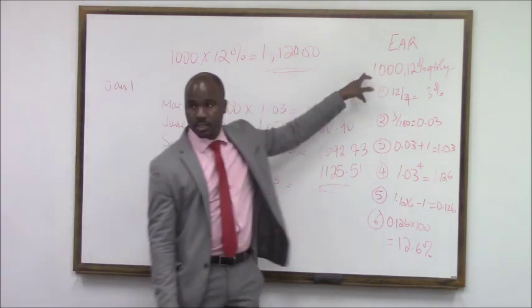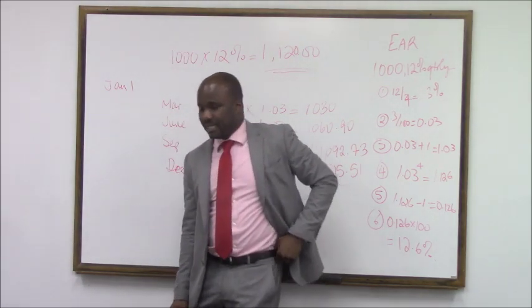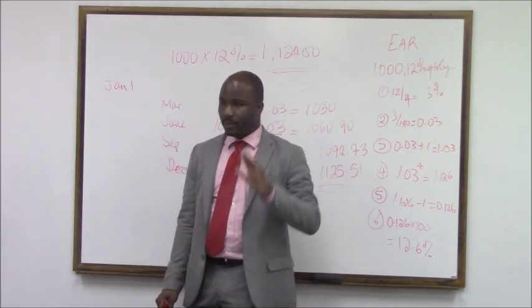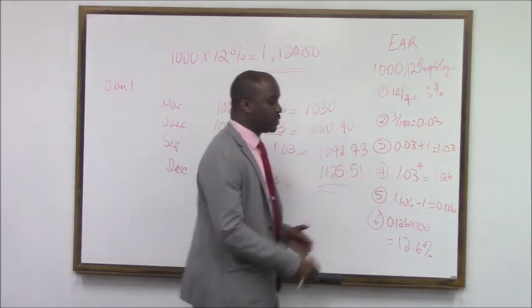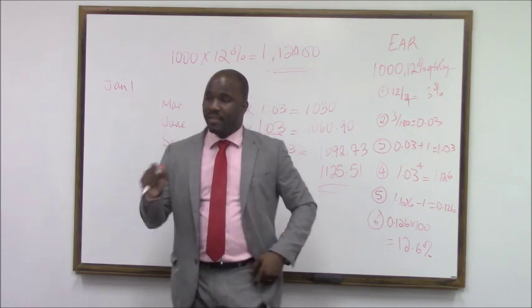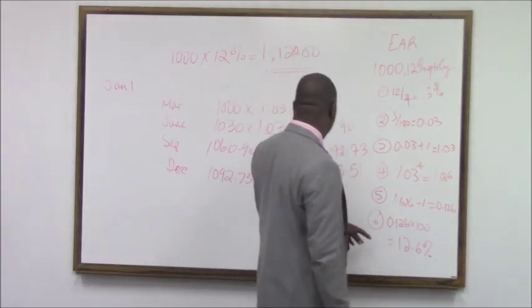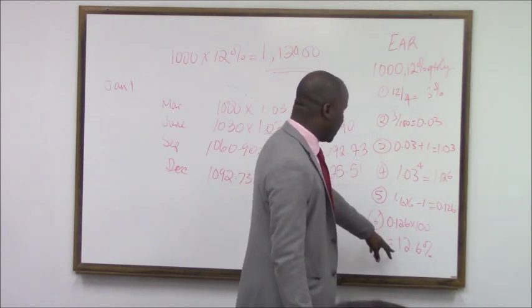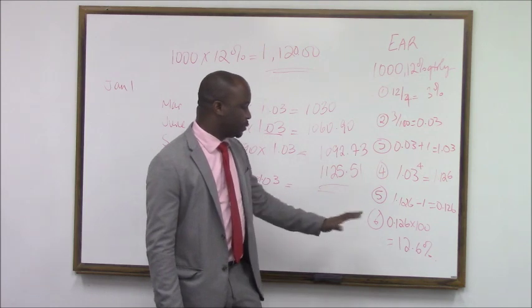You're viewing this as an investment. You put $1,000 in the bank, which is your term deposit, and they promise you 12% per year. At the end of the year, they're going to pay you $1,126.